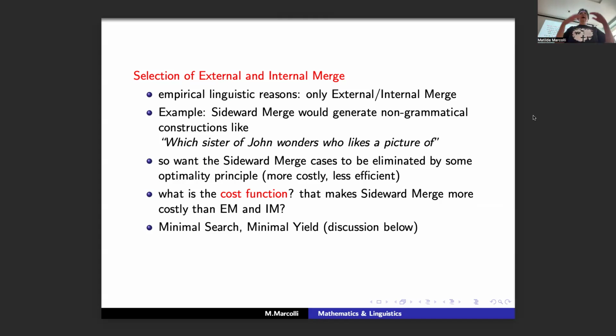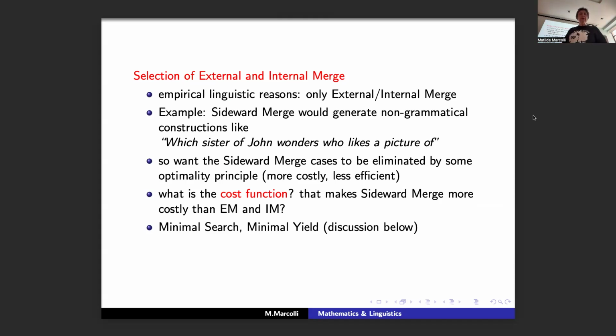If you think of all of these possible transformations as some kind of dynamical system acting on your space of possible workspaces, and some operations are dominant with respect to some cost function, then you are likely to see mostly the primary operations, which are supposed to be just external and internal merge, and the other ones would be negligible, at least in the long term.